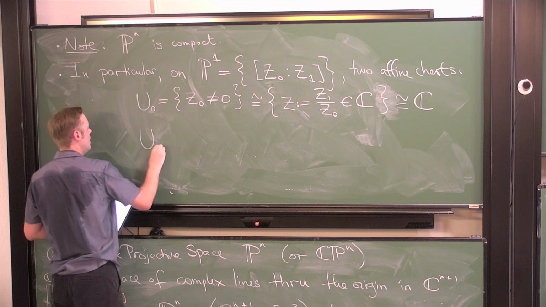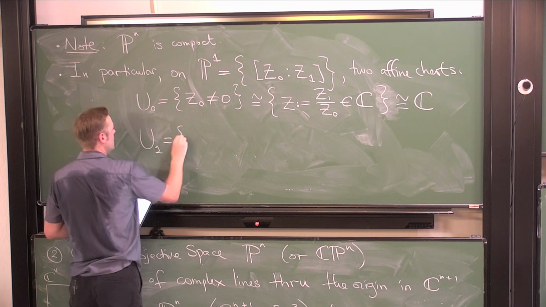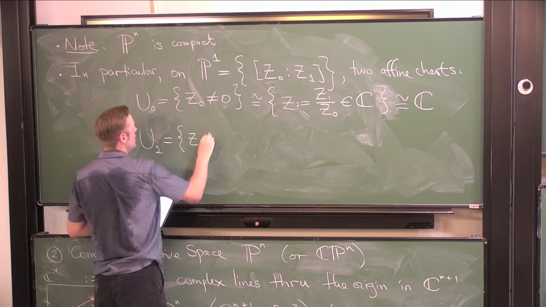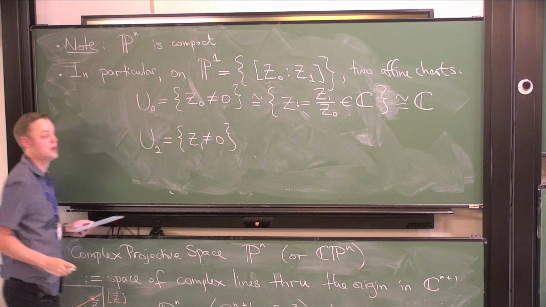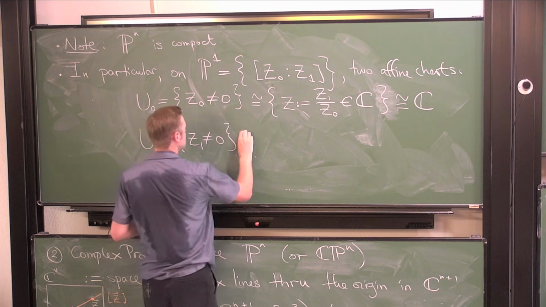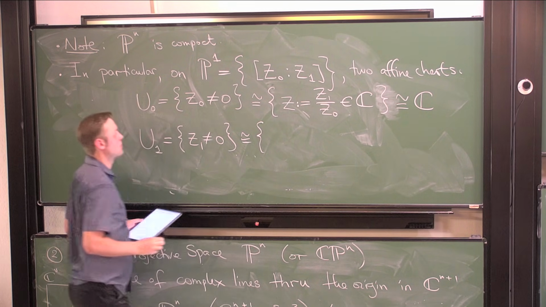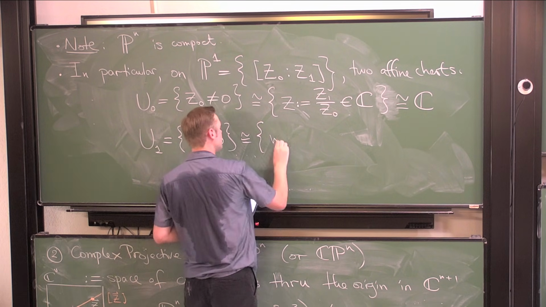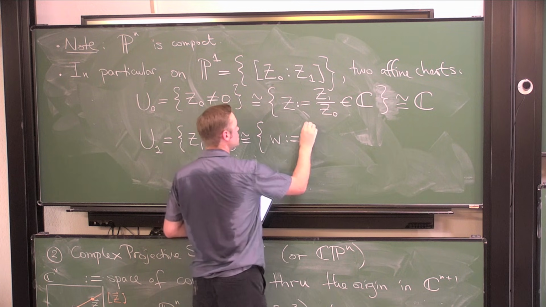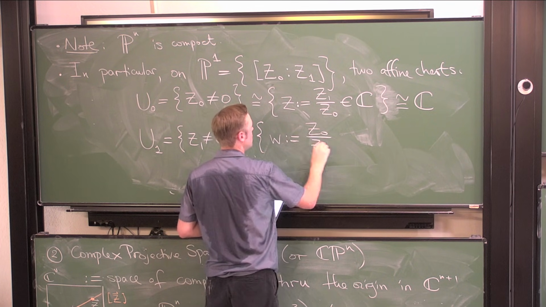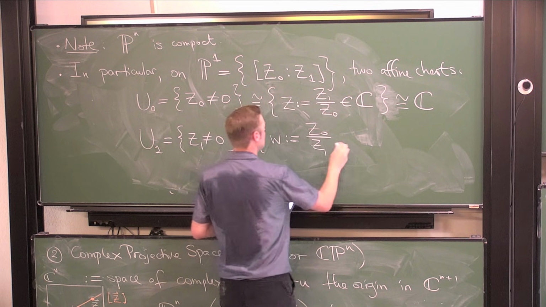Similarly, you have the U1 chart where Z1 is non-zero, and I can play the same game. This is a set of complex numbers. In this case, I'll call the new coordinate W, which is Z0 over Z1.